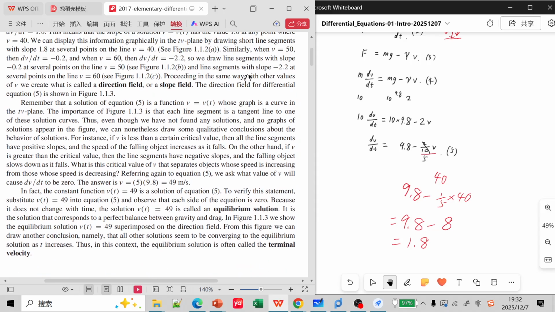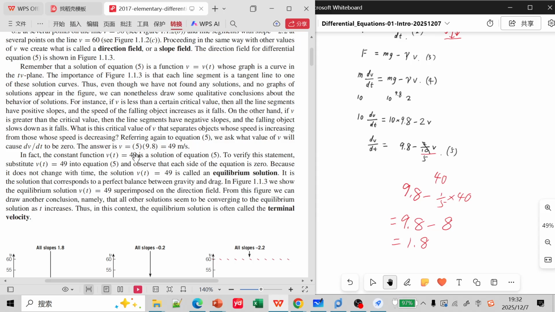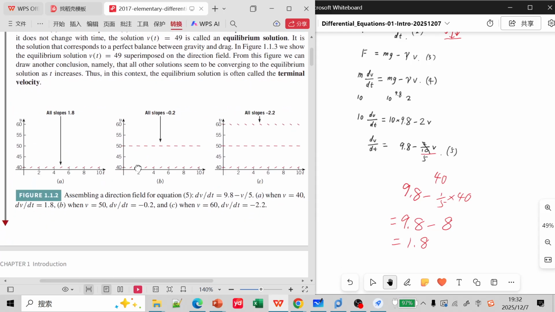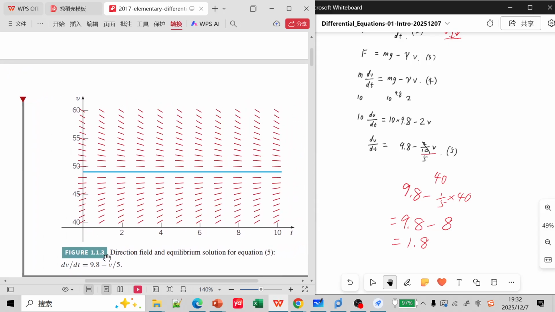Proceeding in the same way with other values of v, we create what is called a direction field or a slope field. The direction field for differential equation 5 is shown in figure 1.1.3. And let's look at the figure 1.1.3. This is the direction field.